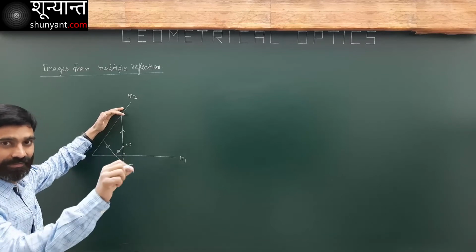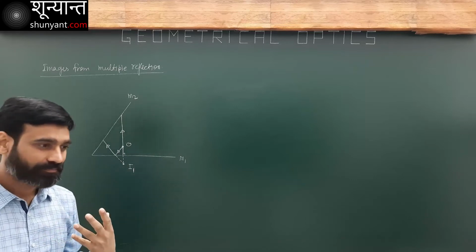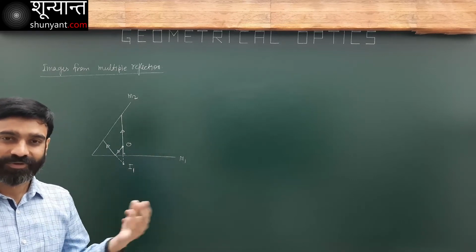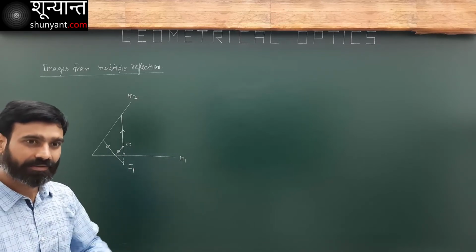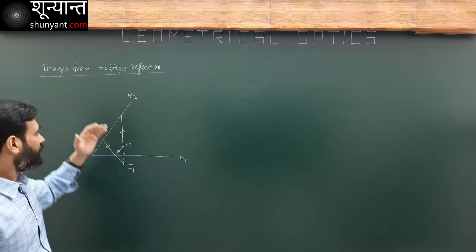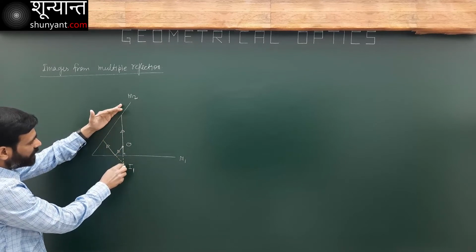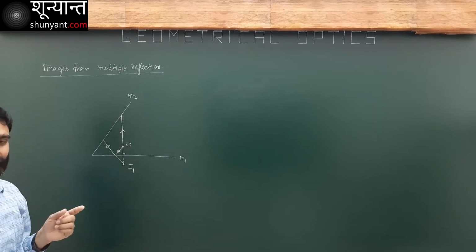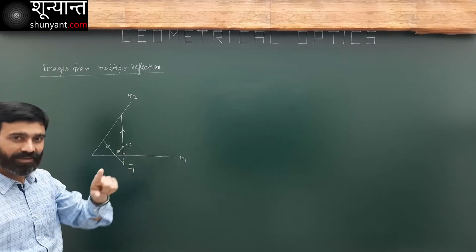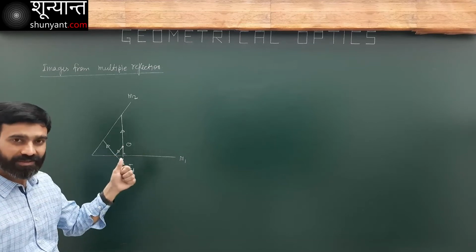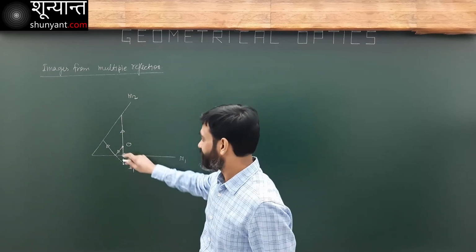Mirror does not know whether it is a real object or virtual object, virtual image, whatever it is. The mirror has to bother only about the light. It is receiving some light, it has to reflect, that's it. What it will think is that these two light rays are coming from this point here, so there is an object here. What actually is happening is that the image from the first mirror becomes an object for the second mirror. For this mirror, this is an object.